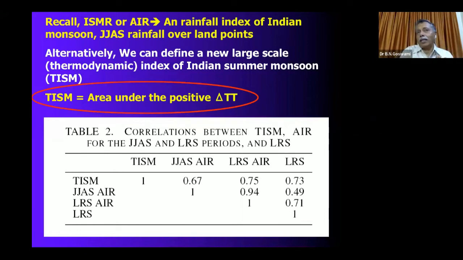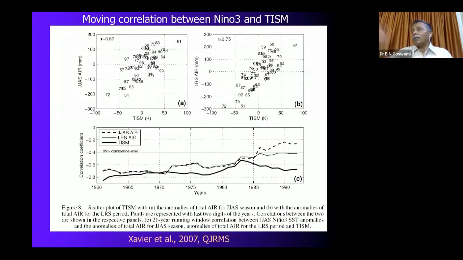So instead of rainfall, if I take this as the index of monsoon and correlate with sea surface temperature, NINO3 temperature, it turns out that correlation, that is what I was telling you, has not changed very much. Although if I take the correlation with the rainfall, even the rainfall during the monsoon season, the moving correlation decreases significantly.